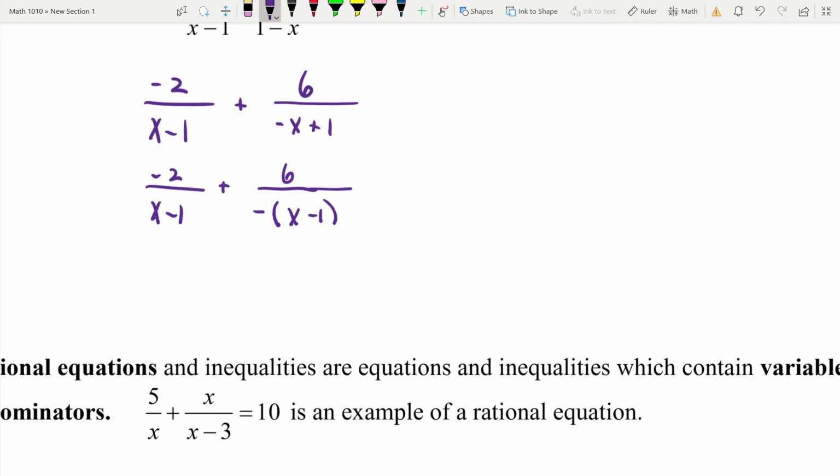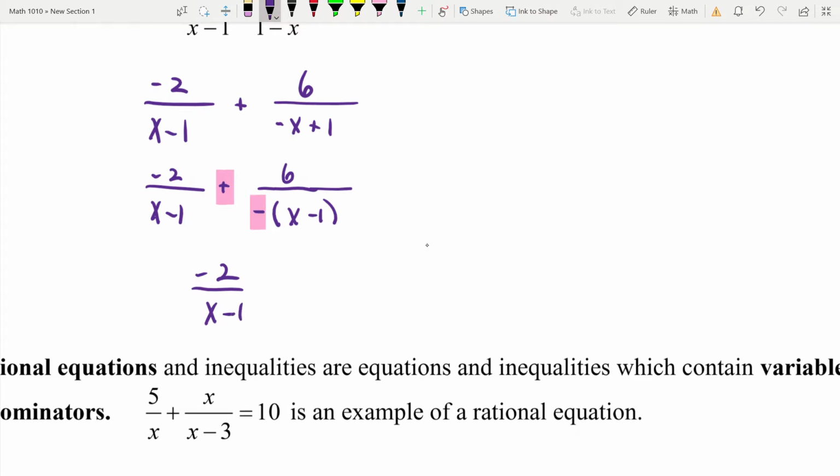Okay? Now, look at this. Right here, I have a positive times a negative, because that negative can go anywhere. It can go top, middle, bottom. Let's just analyze it. Okay, so it's going to be negative 2 over x minus 1.